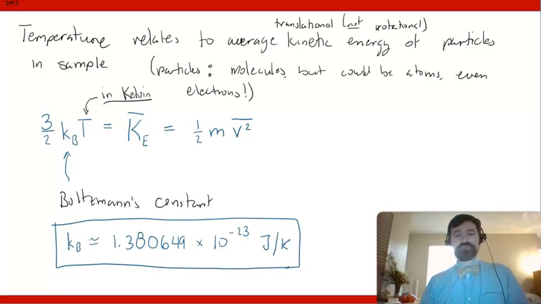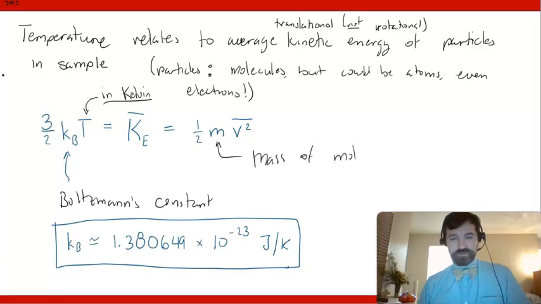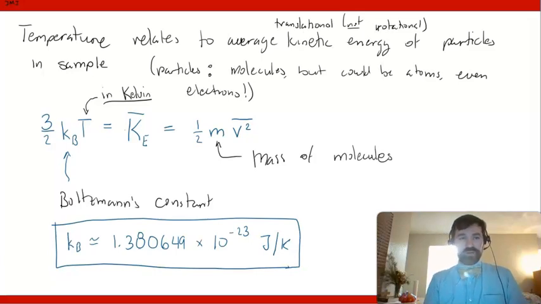Let's do a quick example of using this equation to get the average kinetic energy from the temperature. We'll forego finding the average speed of the molecules at the moment because there's actually some more physics that we need to do in order to figure out this m term, the mass. So we need to know basically how to get the mass of a molecule. So this right here would be your mass of a molecule. And if there is more than one type of molecule, then this bar really properly extends over both the m and the v within your system.